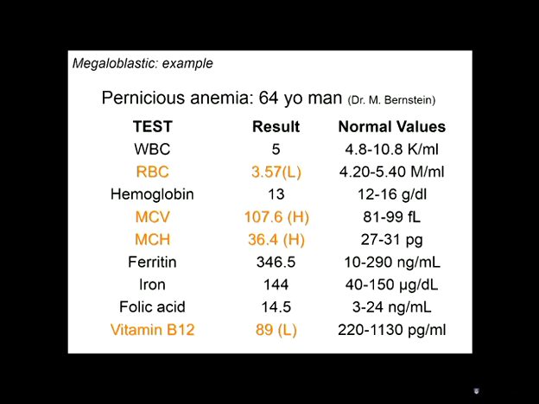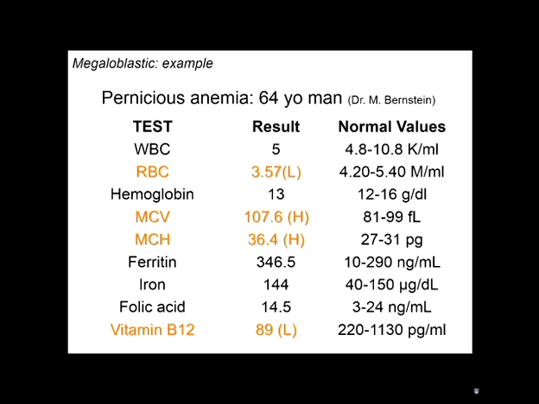Of course, they looked at iron and the storage, so ferritin and iron are within normal limits. Folic acid was normal, but vitamin B12 was severely reduced. And there's your answer. It's not clear at this point why this patient has low vitamin B12.